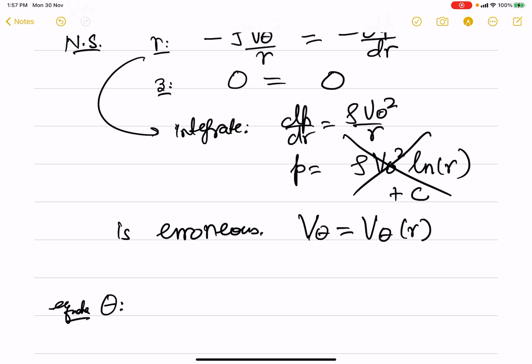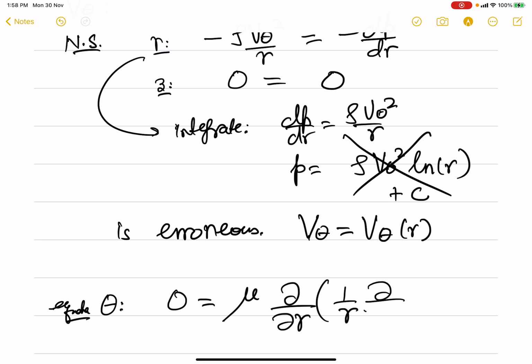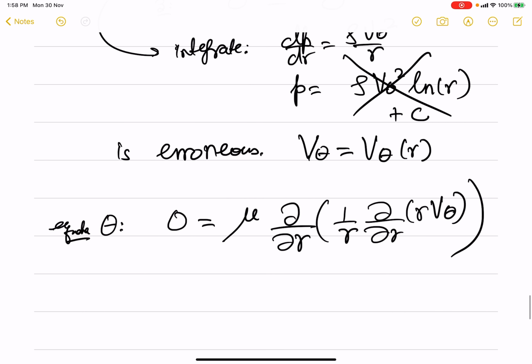In the v theta equation, you will get 0 is equal to mu times partial by partial r of 1 over r d by dr of r v theta. Everything else becomes 0 except one term in the viscous part.